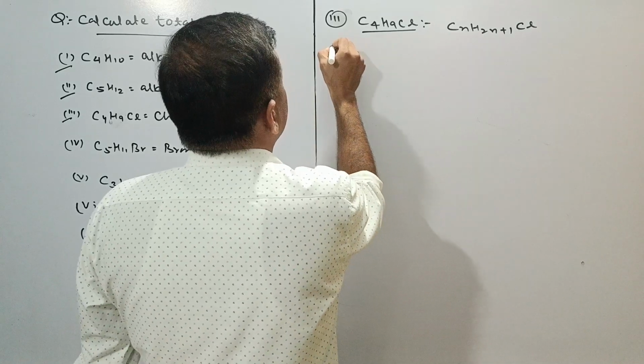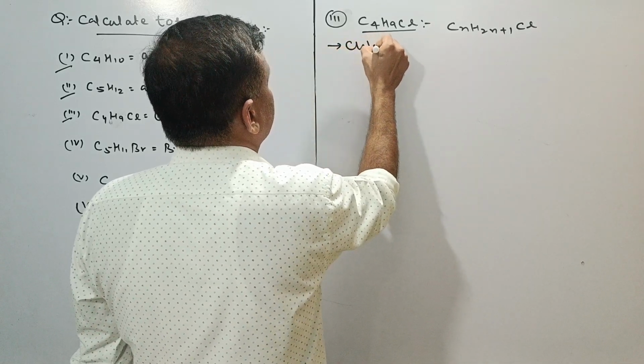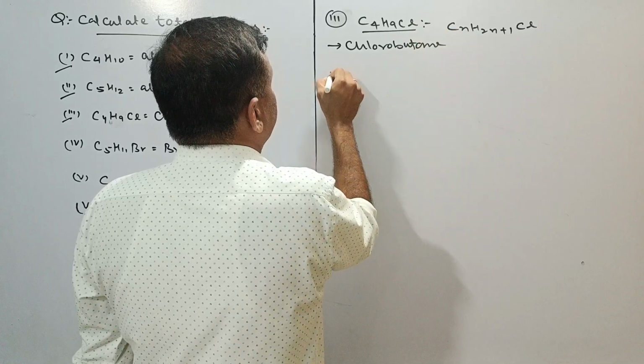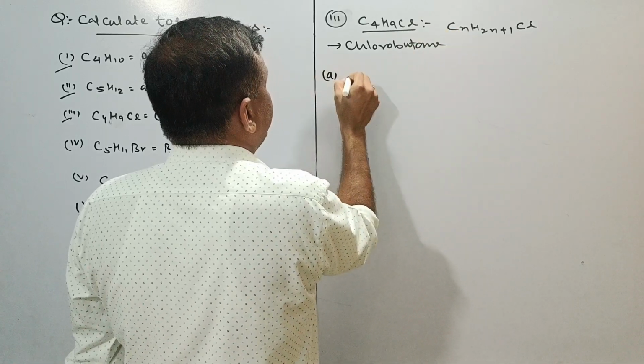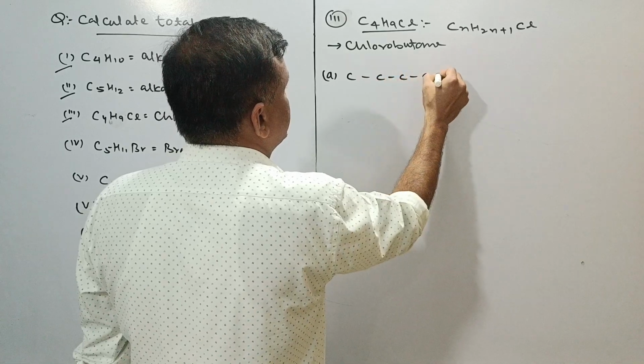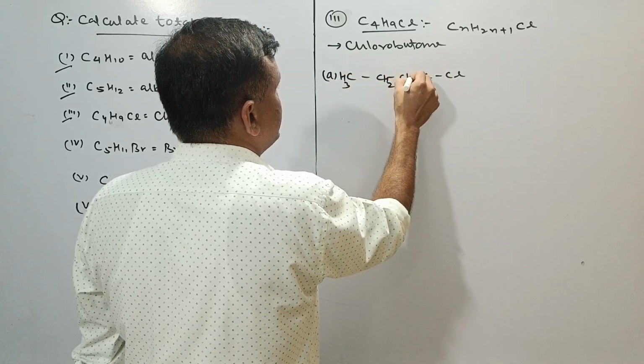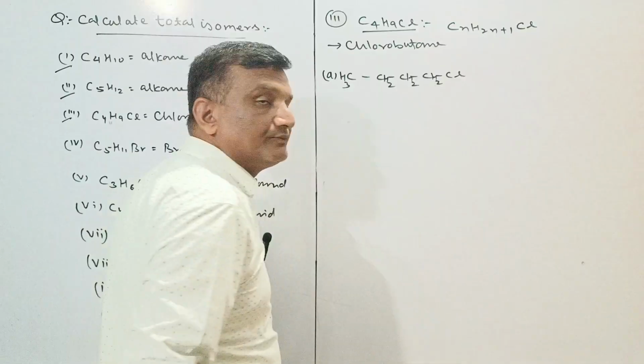So it will be chlorobutane as a compound. First of all, we can take a normal structure, CH3, CH2, CH2, CH2Cl.